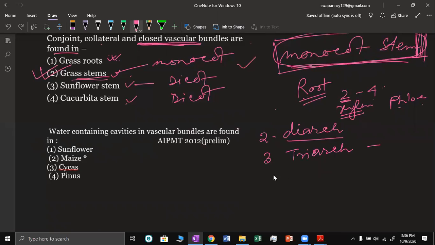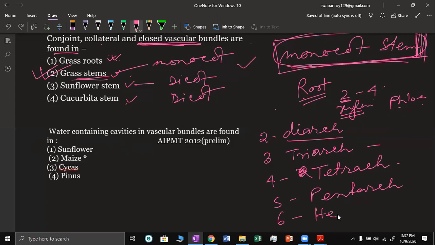If it is 4, tetrarch. Like this, pentarch. If it is 6 xylem and phloem bundles alternately, we call them hexarch.